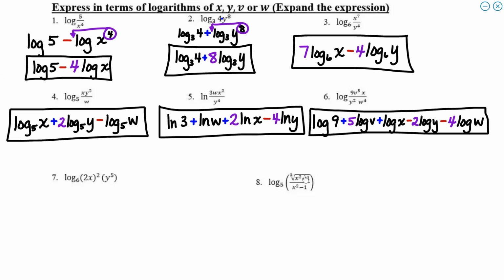Normally after this, because of those parentheses, I would be applying my powers property. So I would have 2 log base 6 of 2x plus 5 log base 6 of y.